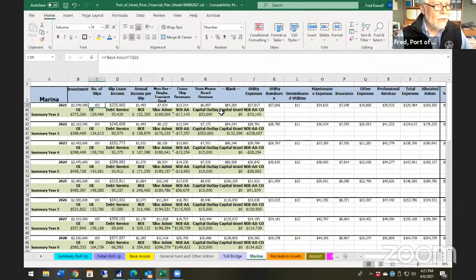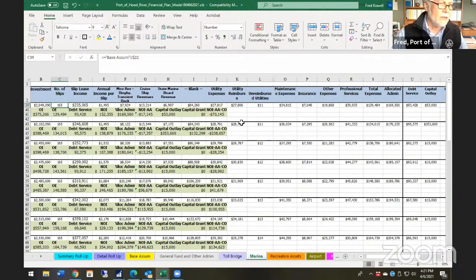And then the rest of this looks very similar to the bridge. You're going to have utilities, maintenance, insurance, other expenses, professional services. A lot of those costs are promulgated from the year that we're in. So if all of a sudden we start to see a trend in, let's say, the marina, that our insurance rates go up, then in the future years the rates go up as well.